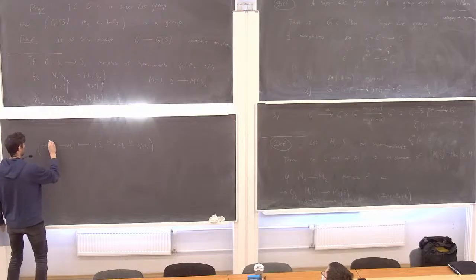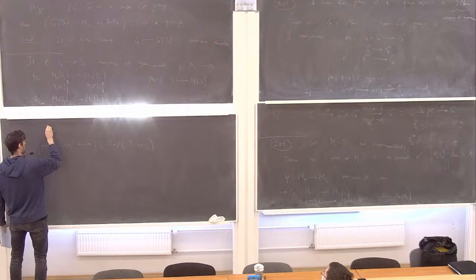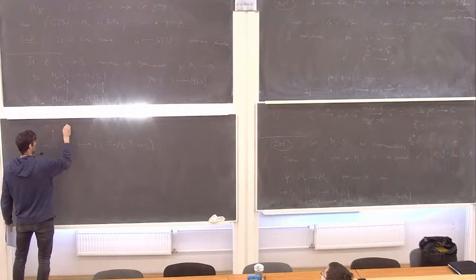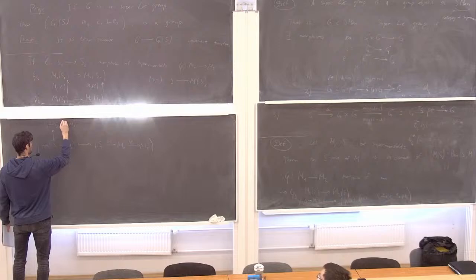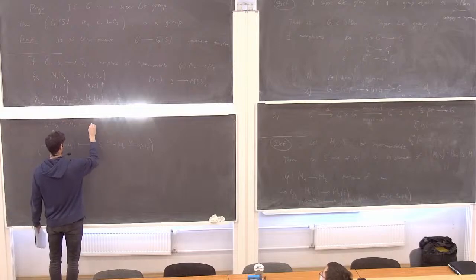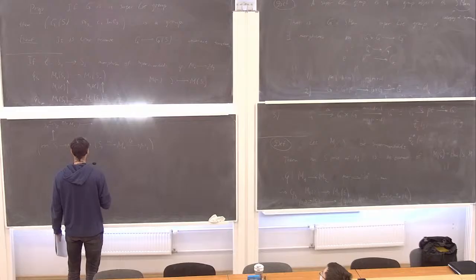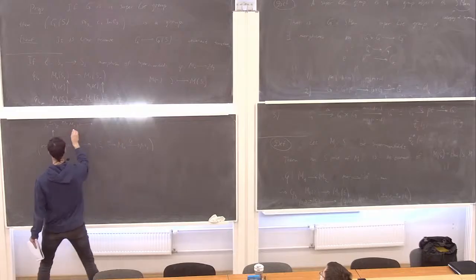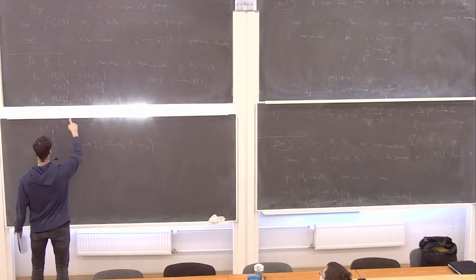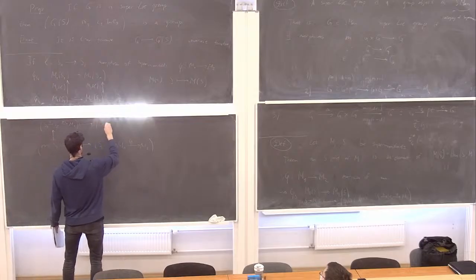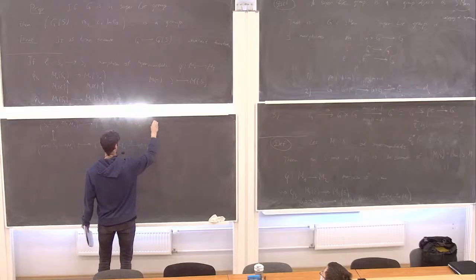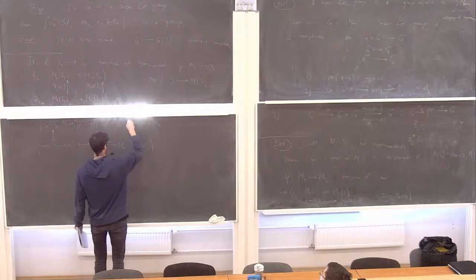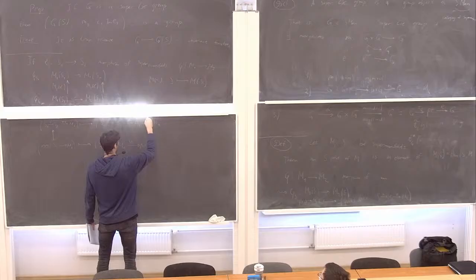So if I go this way, there is a composition of three maps: L, M, and then phi.